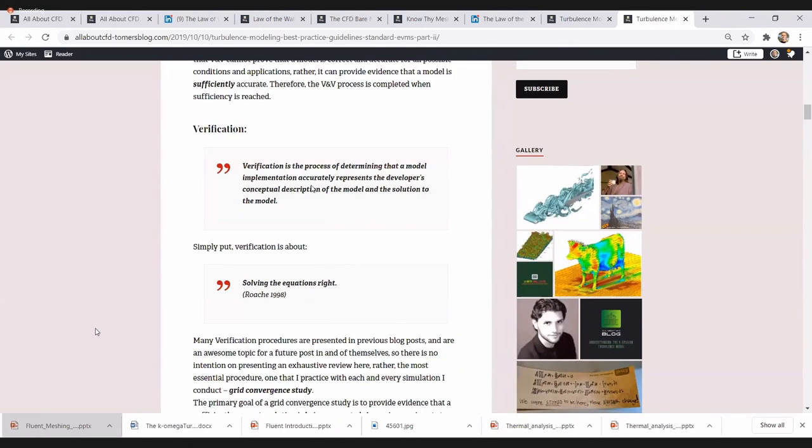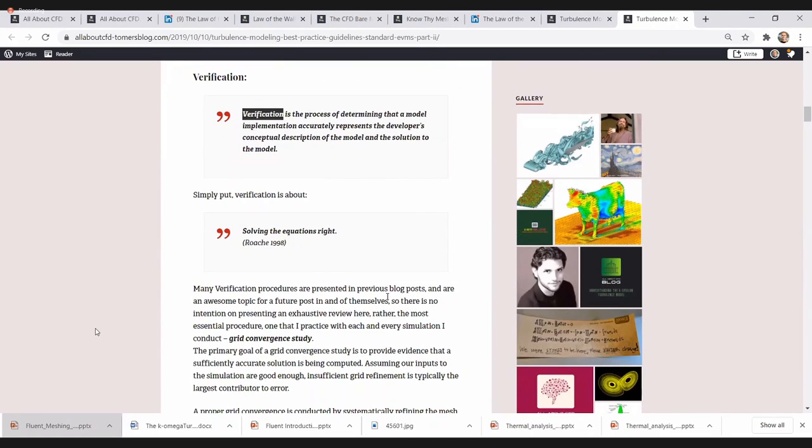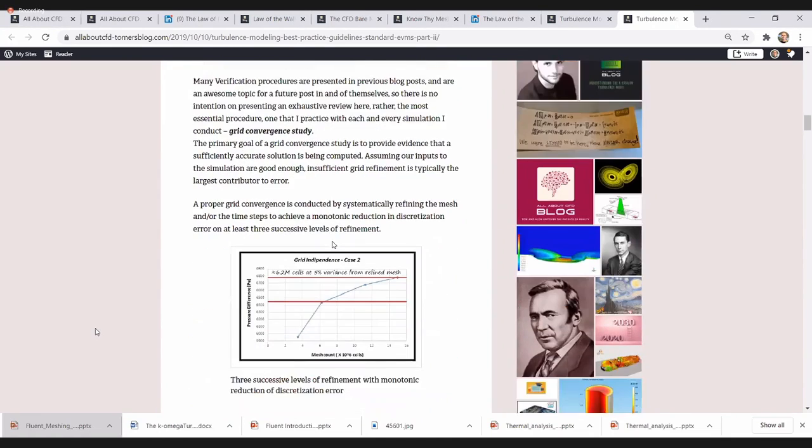But one issue with verification could be, again, the fact that you can't get grid convergence. So maybe you're using a low order discretization scheme, but in most software we use second order upwind, so there's no problem with that.